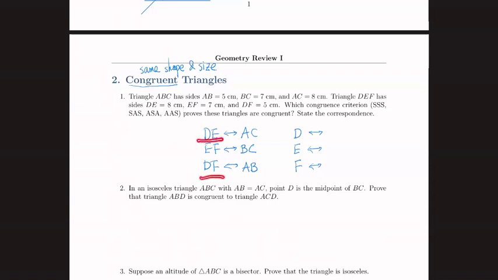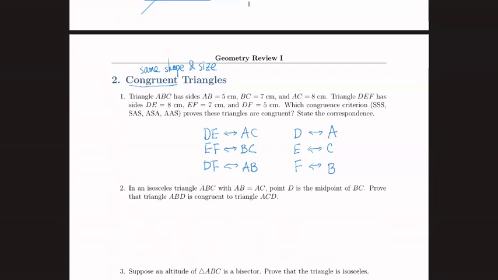If we look at the first and the third one, you have a common vertex, D. D is with A. And E is C. How do you get that? Because DE and EF are both matched. First one, second one, they both have E, they both have C. And F with B, only B left. Okay. So we have the correspondence.